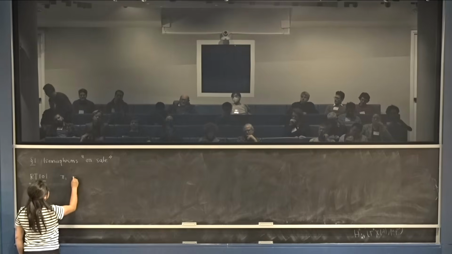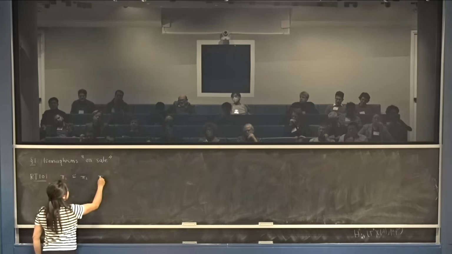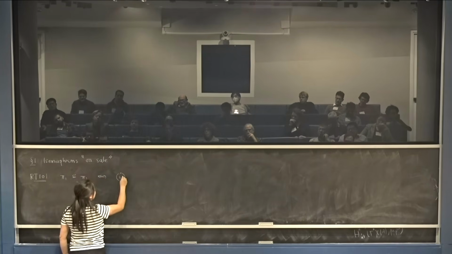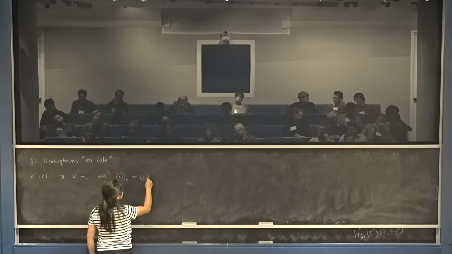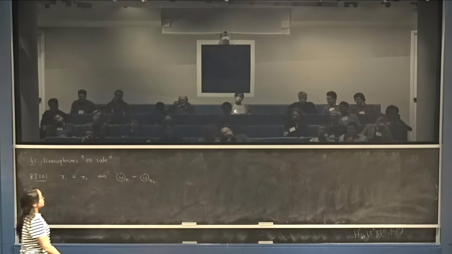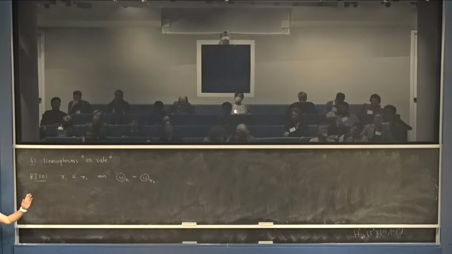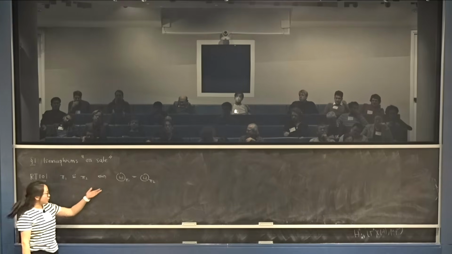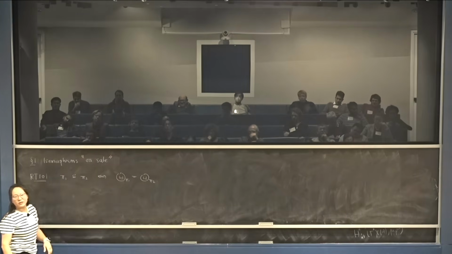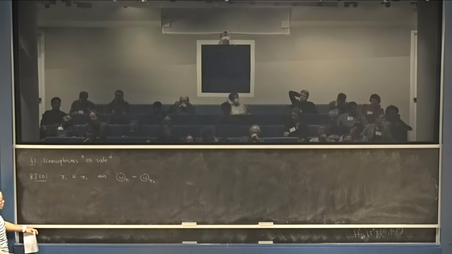So two representations, pi1 and pi2, are isomorphic if and only if their characters, which I'll denote by a big theta, are equal: theta of pi1 equals theta of pi2. In some sense, this is already an isomorphism on sale. You don't actually get the isomorphism, but you get the fact that they are isomorphic at the cost of just comparing two scalar-valued functions. So this is the most classical isomorphism on sale.